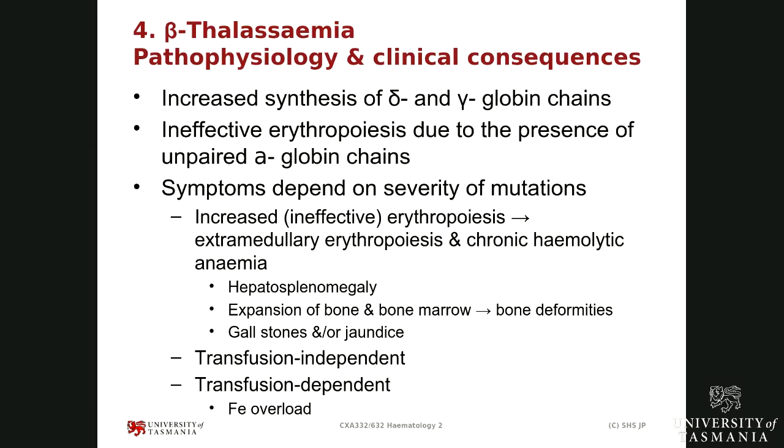If you bypass the enterocytes in the gut, then you are feeding iron straight into the blood, and all of the cells in the body will say thank you very much, and they will take up that iron. So iron overload is an issue with these people.